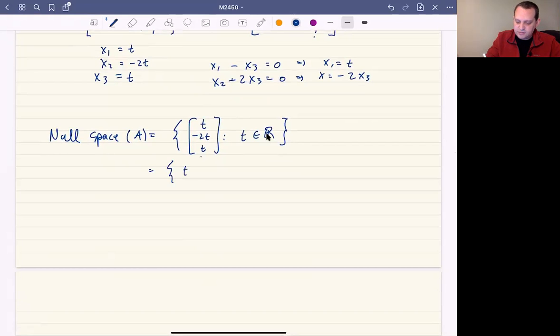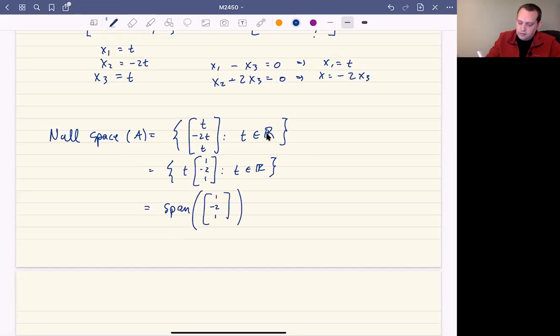This is t times the vector 1, negative 2, 1, where t is allowed to be whatever real number we want. And this turns out to be just the span of the vector 1, negative 2, 1. Because that's what the span of a single vector is. It's the set of all the scaled versions of that vector. And that's exactly what we have. So the null space of A is just the span of this single vector.